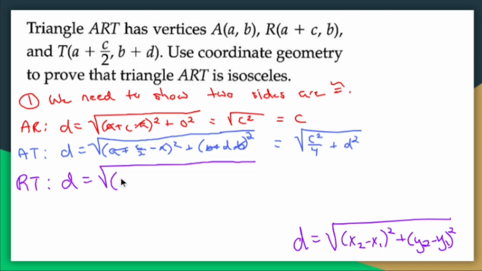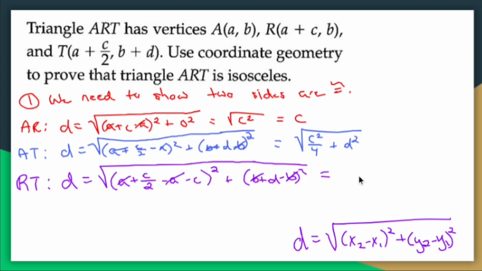So you're going to be A plus C over 2 minus, now be careful, I'm subtracting both A and C. So minus A minus C, close that, squared. Plus B plus D minus B, squared.